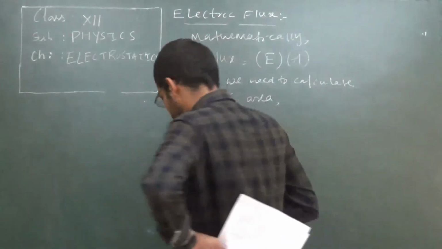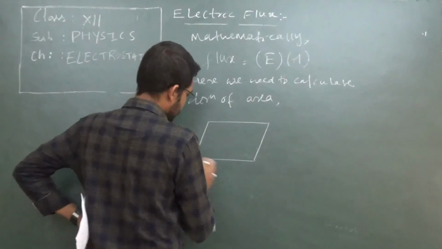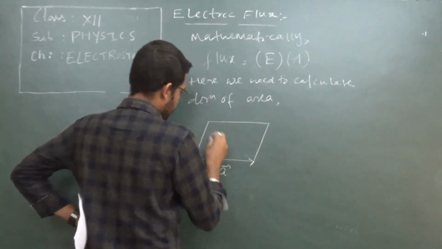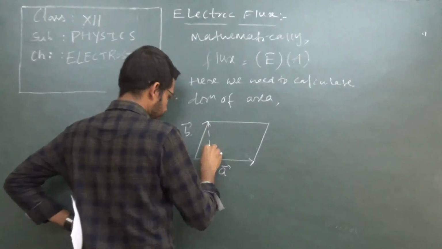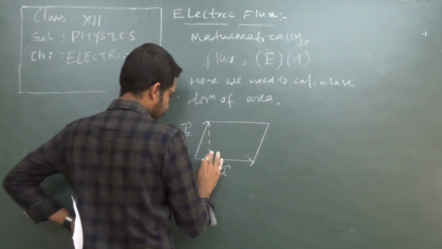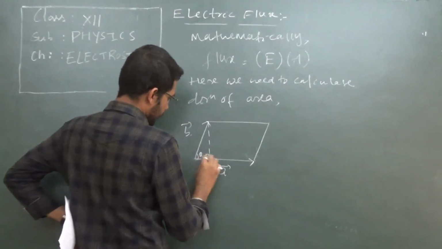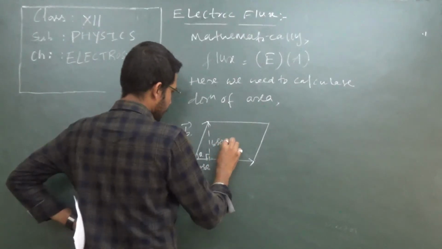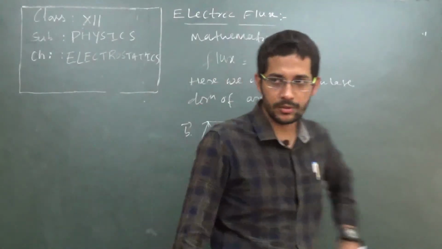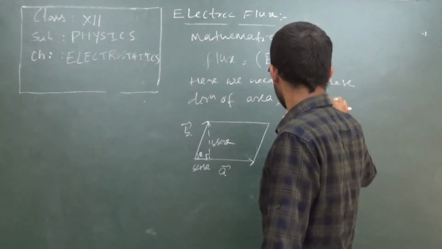If I take this one as vector A, this one as vector B, and I draw a perpendicular, and let this angle be theta, then this will always come as B cos theta and this will always come as B sin theta. We know that the formula for area is length into width.